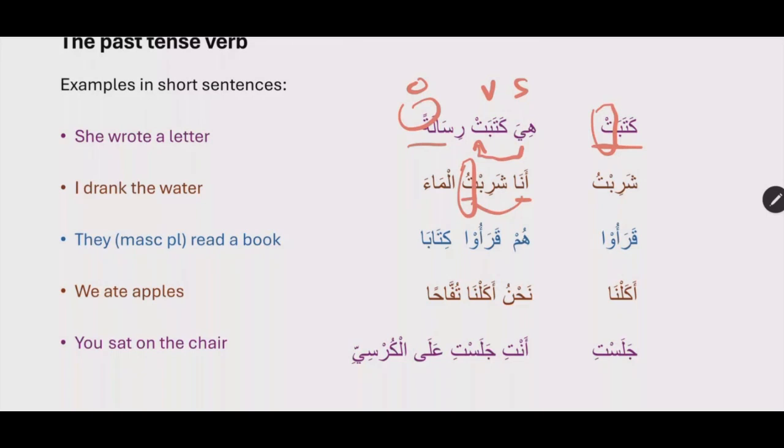Ana sharibtu al-ma. Ma is plural and masculine. So there the waw alif with the dhamma comes in there. Kitaban, a book. Nahnu, you said we goes with na, akalna tufahan. And anti, jealousy, that's to agree. T. Right? So these are just examples of the short sentences with the different pronouns in them.